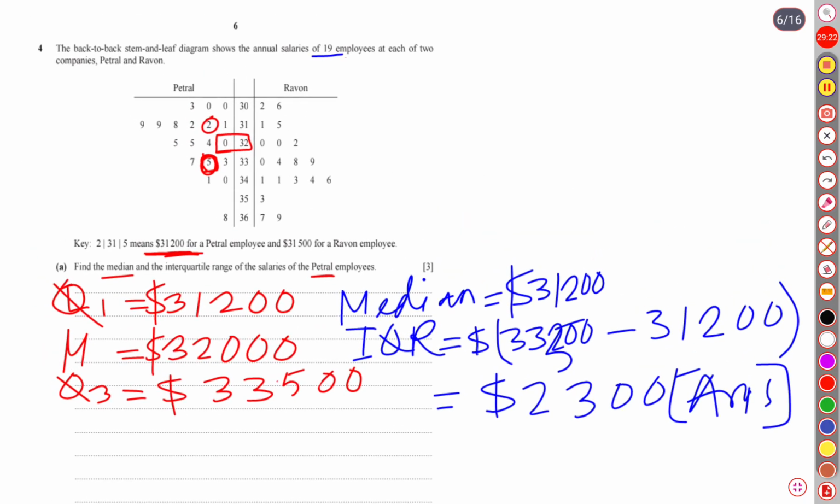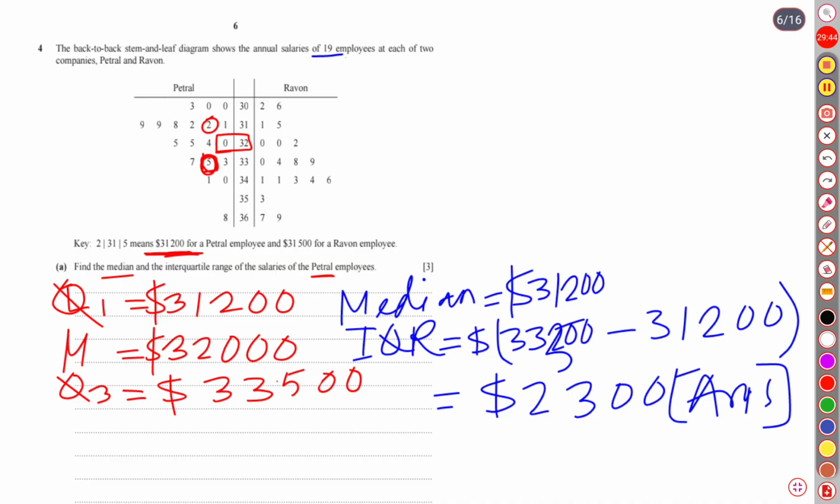What we do is the total number of data is divided into 3 parts: first lower quartile, then median, then upper quartile. Lower quartile means 1/4 of the total quantity, and for upper quartile we multiply by 3/4. Median is just dividing by 2.